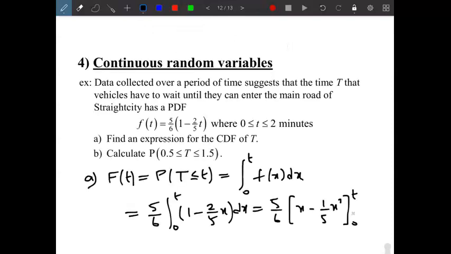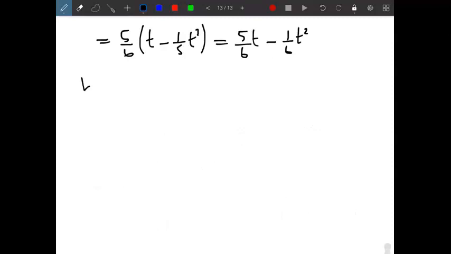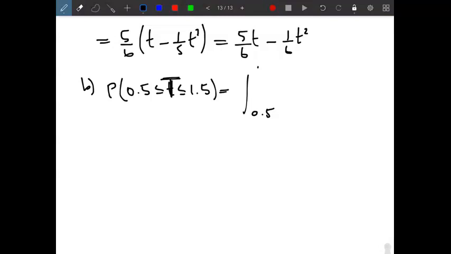Now in part B, we're asked to determine the probability of t being between 0.5 and 1.5. So the probability of having T between 0.5 and 1.5, sorry, that's a capital T, that's our variable, is the integral from 0.5 to 1.5 of f of t dt.